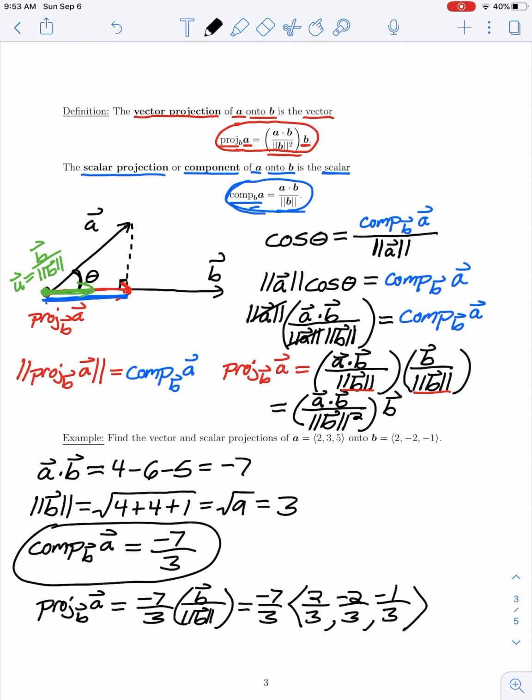We're dividing through by its magnitude, which was 3. So for our vector projection of A onto B, we are given the vector negative 14 over 9, positive 14 over 9, and positive 7 over 9.